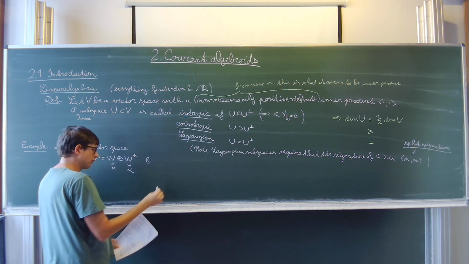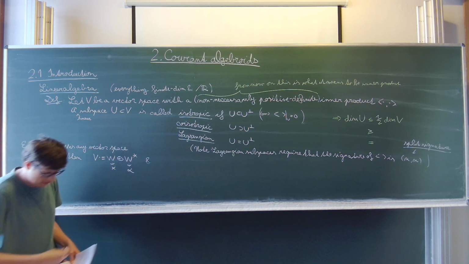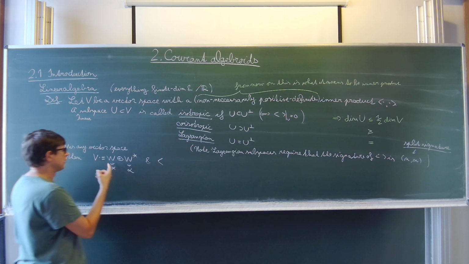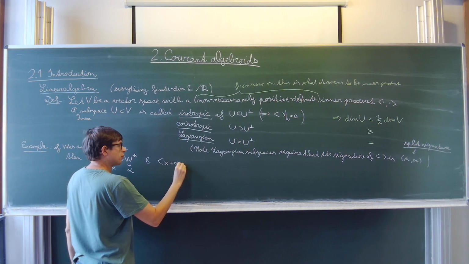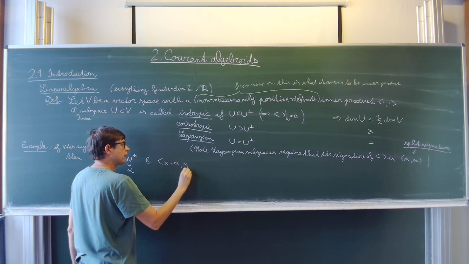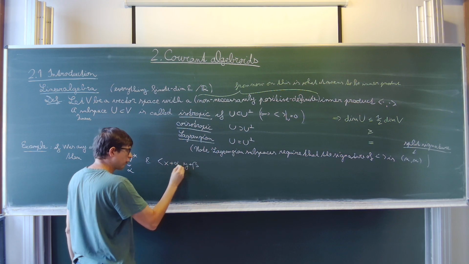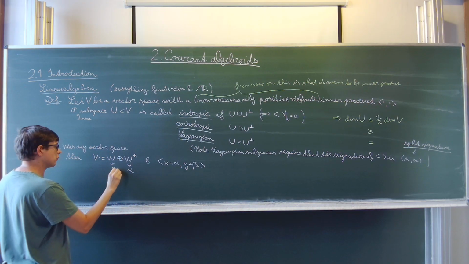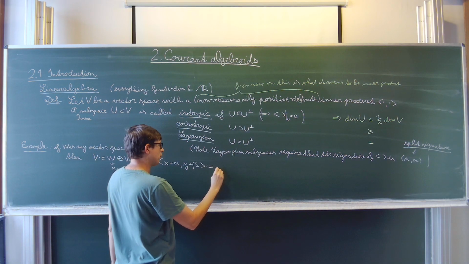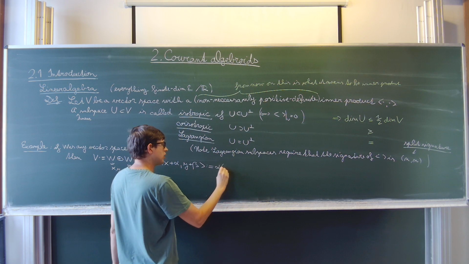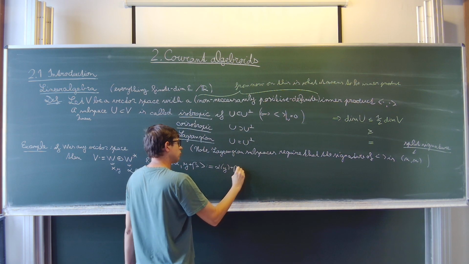And the inner product is defined in a way that the product of x plus alpha with y plus beta is the pairing of alpha with y and beta with x.